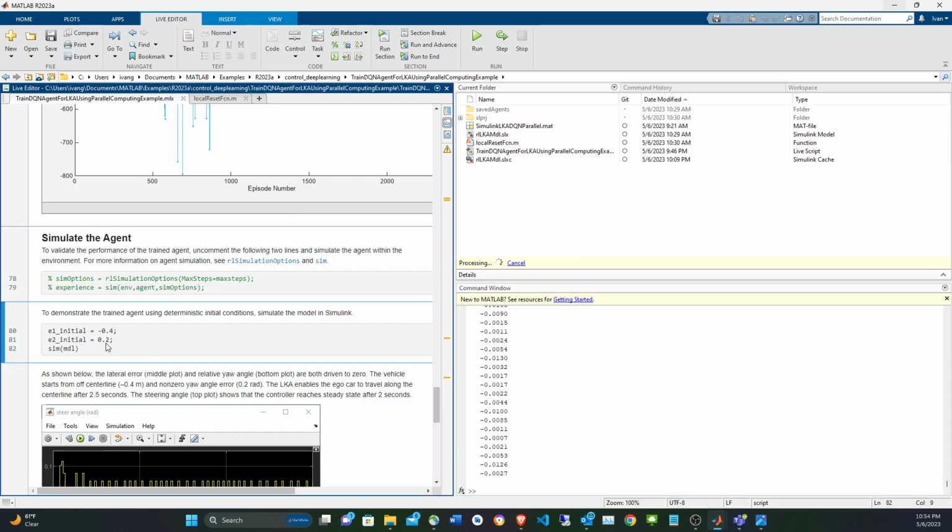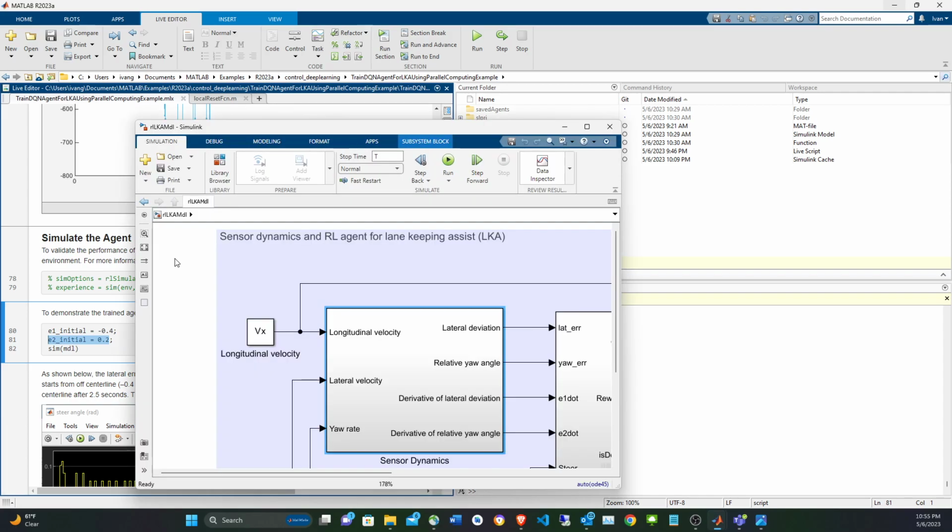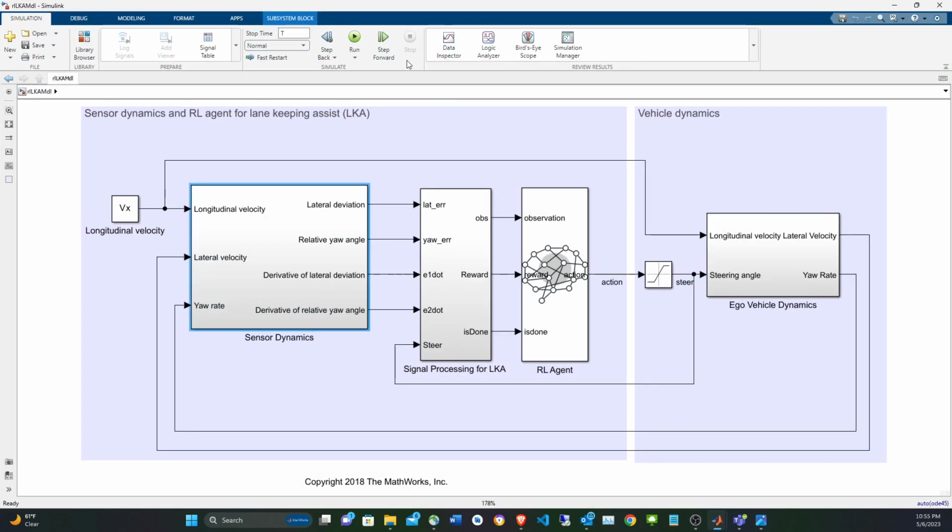So now let's simulate it, but in this simulation we're going to put an initial lateral deviation of negative 0.4 and an angle deviation of 0.2. Okay, and now we can use the sim command, but since we're in Simulink we can just play here.